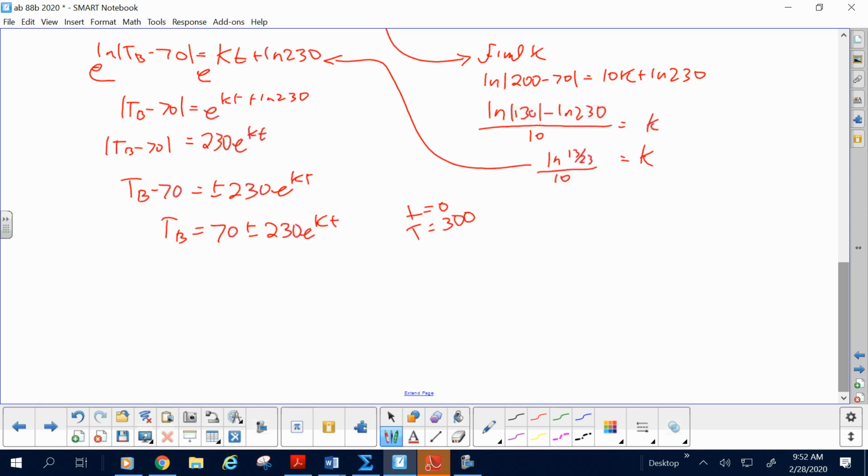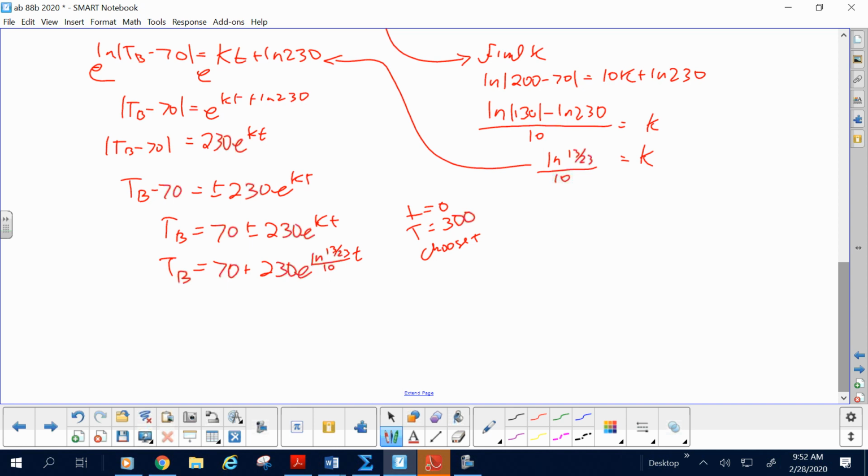We must choose positive. So t sub b is 70 plus 230 e to the, I guess I'll throw in my k here. That's a lot. There you go. Does that make some sense?